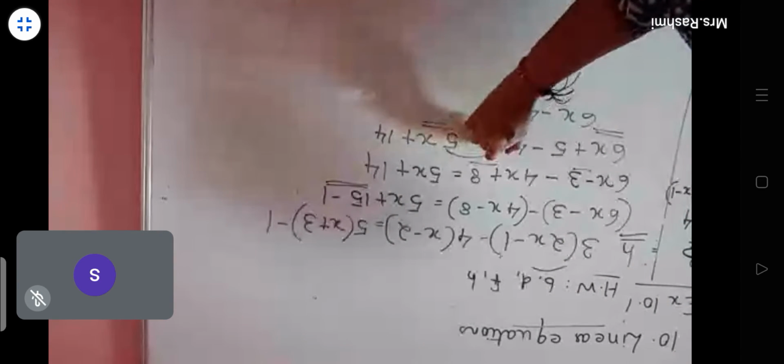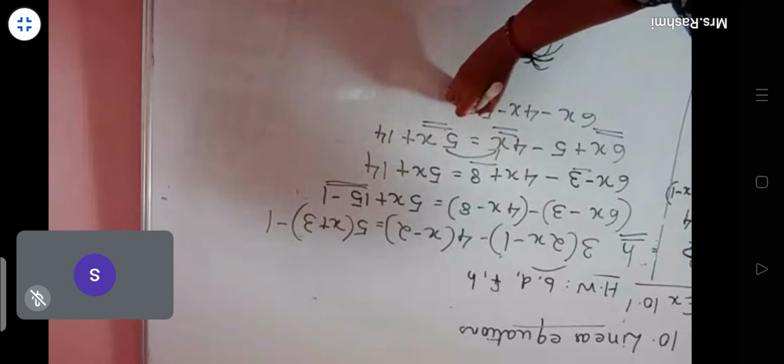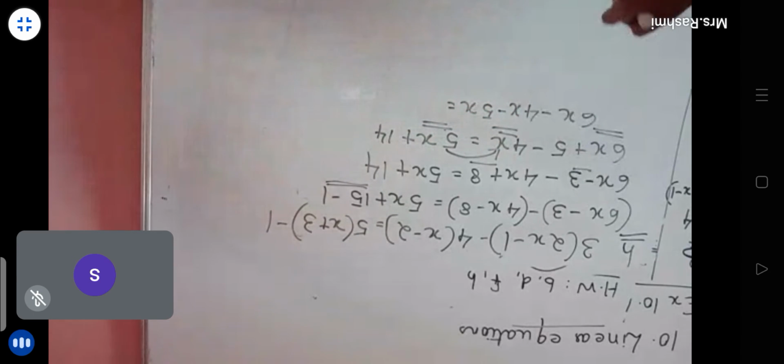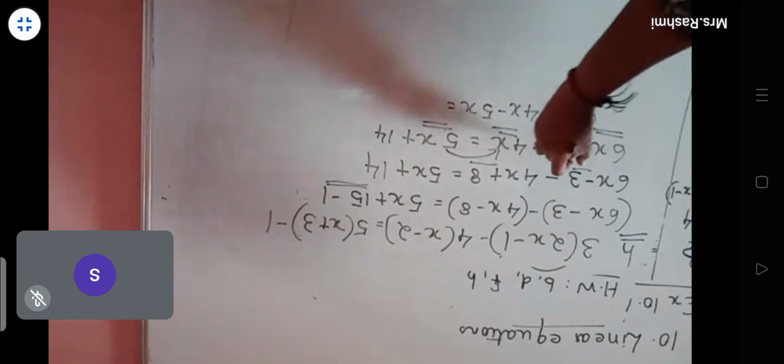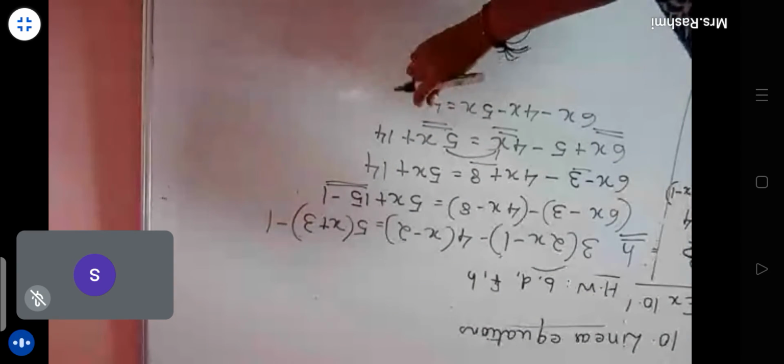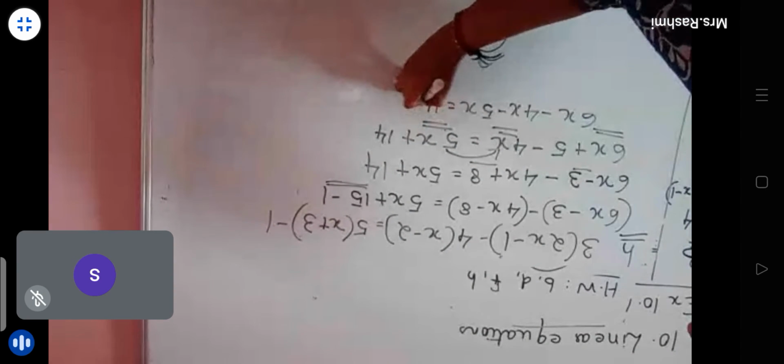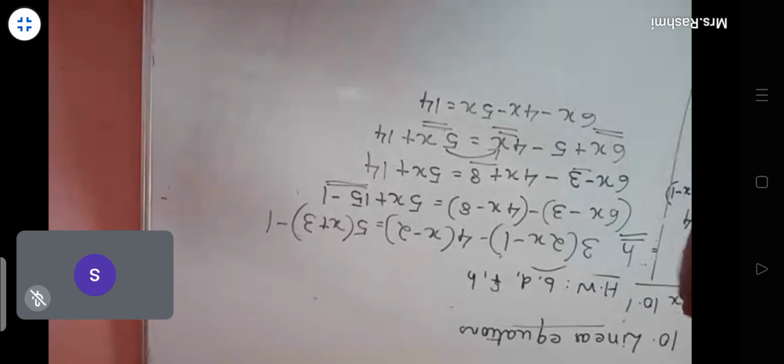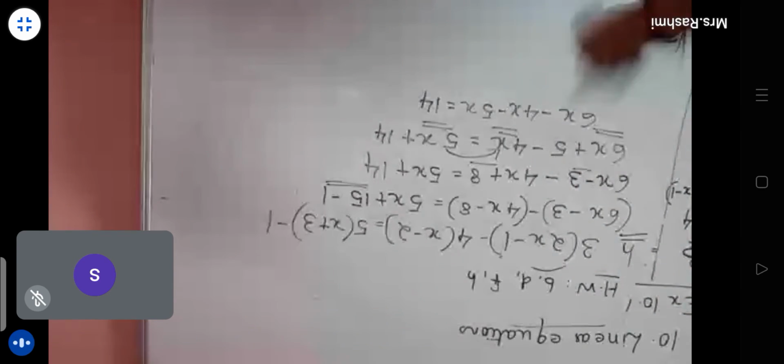Ma'am, why did we have to add minus 3 and plus 8? Couldn't we just bring the variables together before that? Even that can be done. Ma'am, in the last bracket, minus 3x is equal to 9. How am I supposed to solve that? Just a second, let me complete.